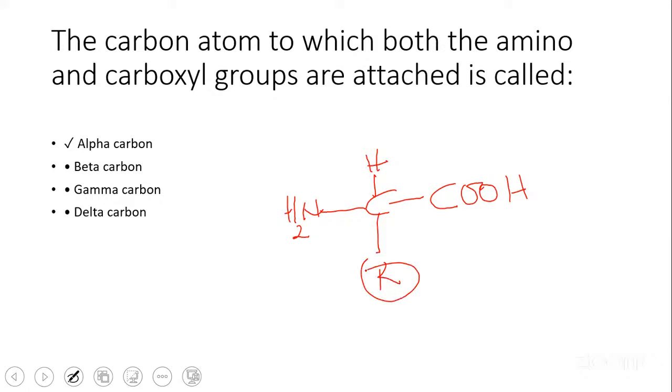If you look at this amino acid on the screen, in the nomenclature of carboxylic acids, this carbon after the carboxylic group is called the alpha carbon. And that's where the name actually comes from, the alpha amino acid. The amino group is attached to the alpha carbon. That's why it's called alpha amino acid.